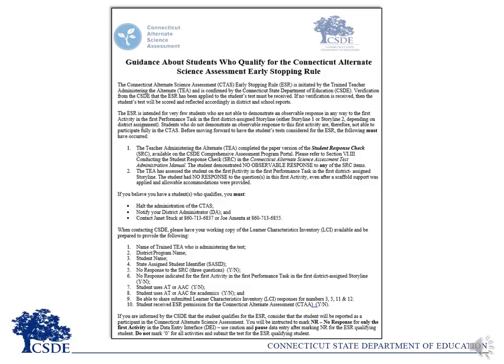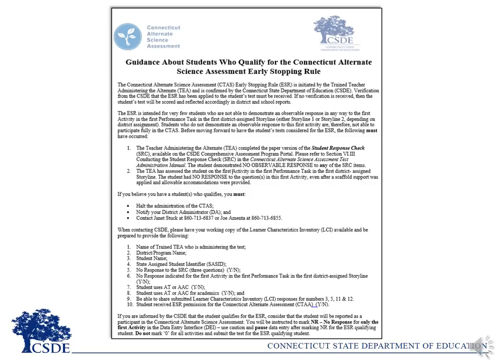Guidance for the early stopping rule may apply to a relatively small group of students who are not able to demonstrate an observable response. More information is included in the Connecticut Alternate Science Assessment Test Administration Manual and on the Connecticut State Department of Education Assessment Program portal.